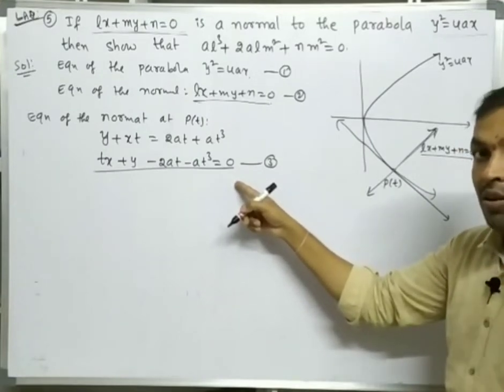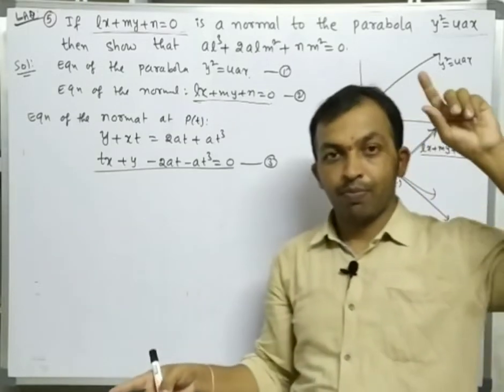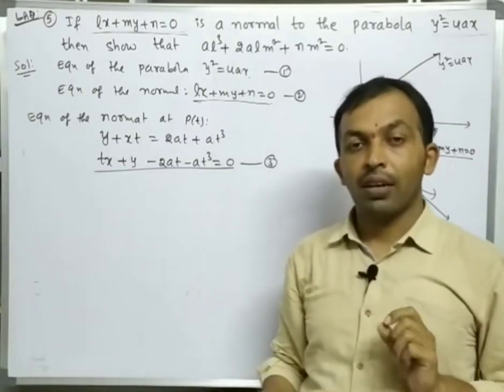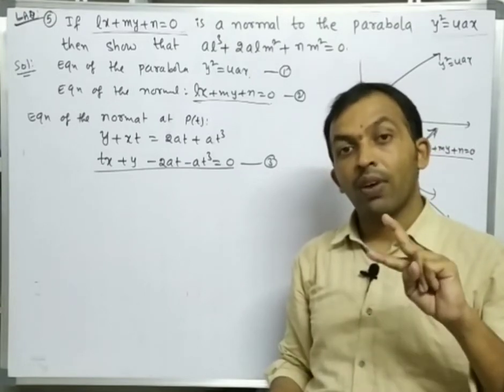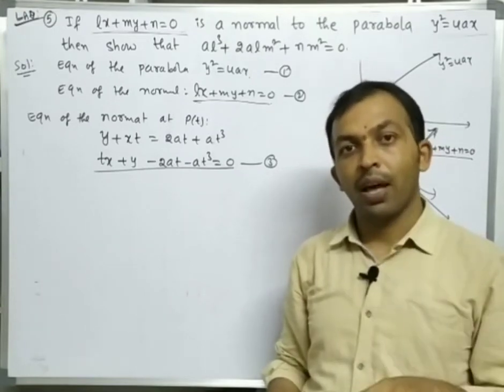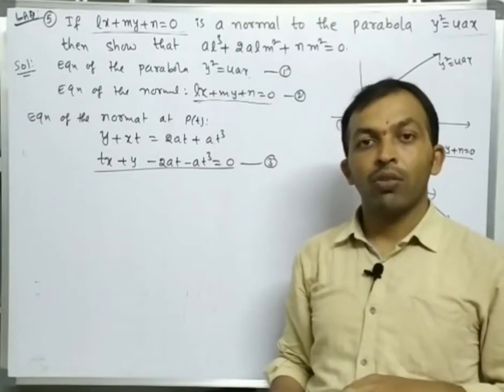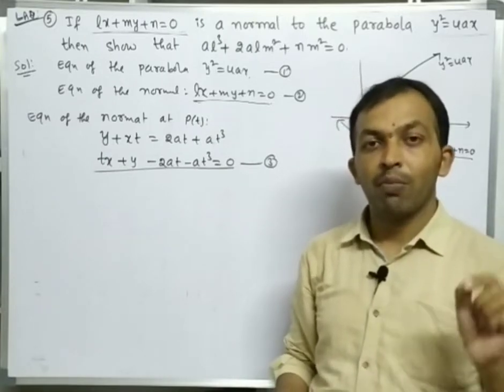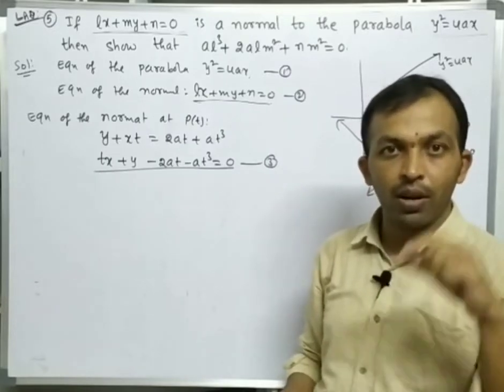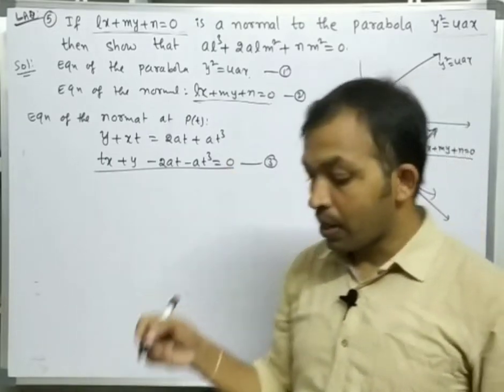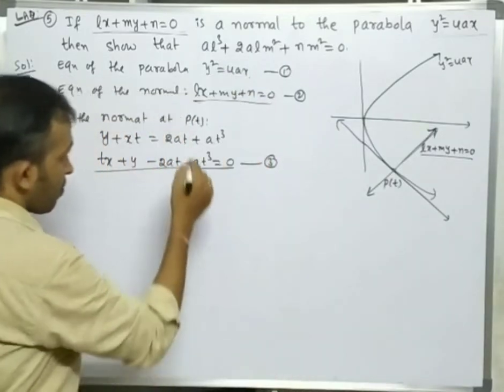Recall one concept from 10th class, that if two lines are coincident lines, or if two lines represent the same line, then the ratio of their coefficients, that means a1 by a2 is equal to b1 by b2 is equal to c1 by c2, which you learned in 10th class. Okay, so apply that concept here.